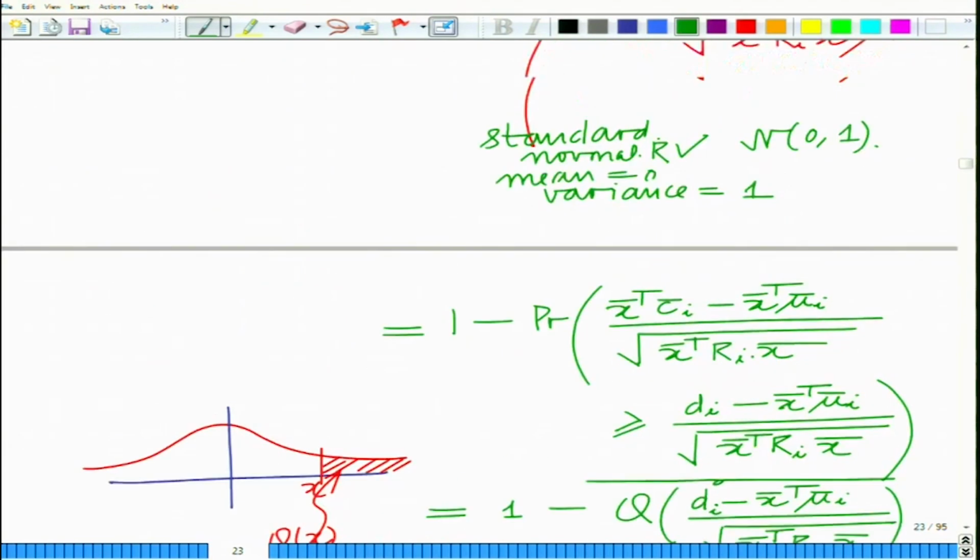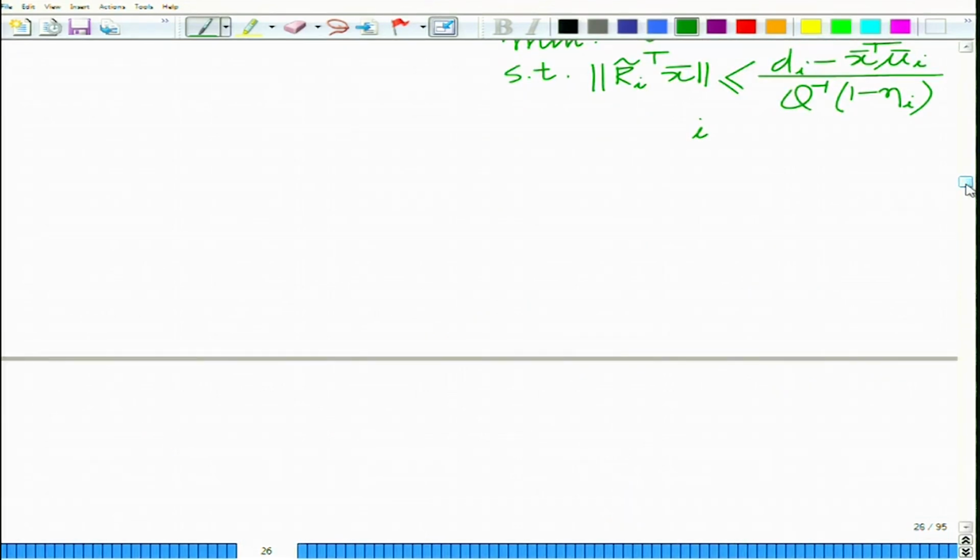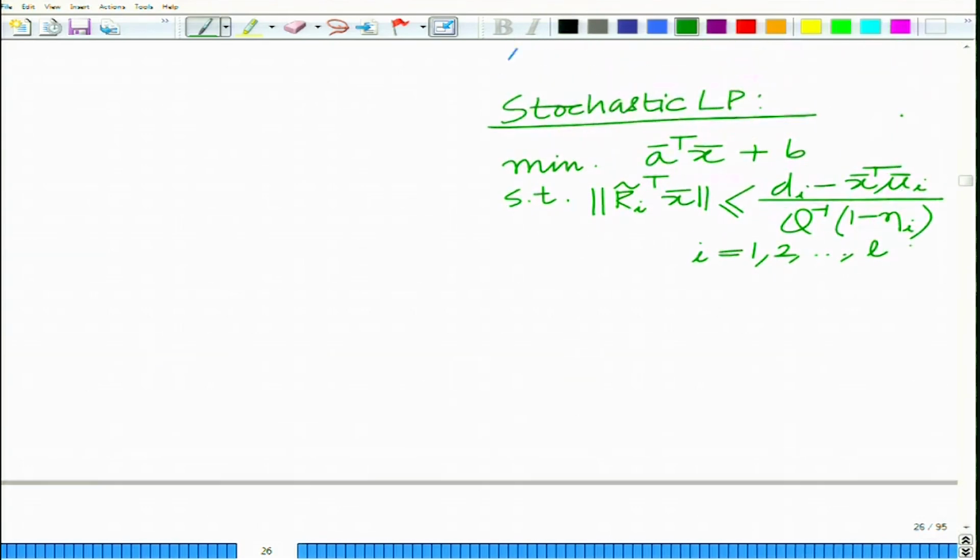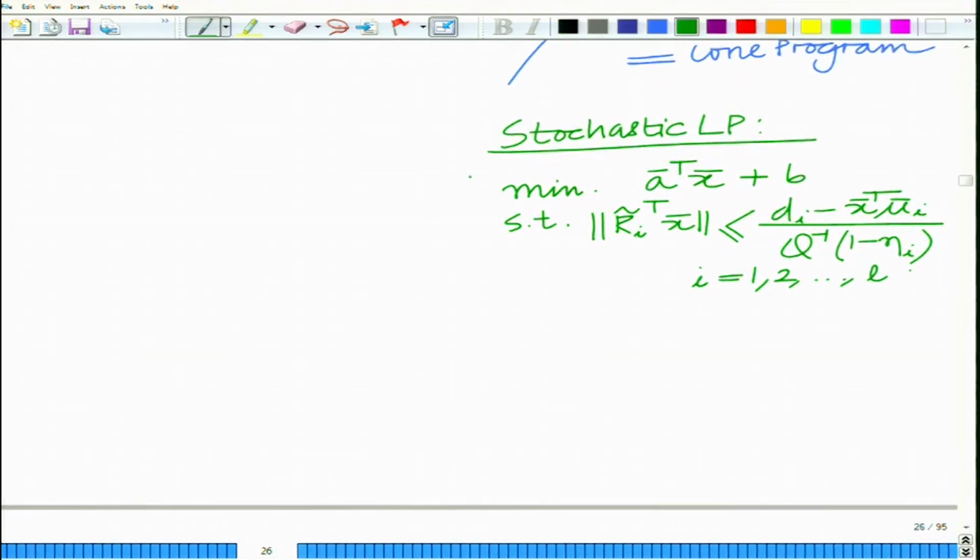All right. So, there you go, it is eta_i and you can correct it everywhere to eta_i, and this has to hold for i equal to 1 up to L. So, this is your linear program.